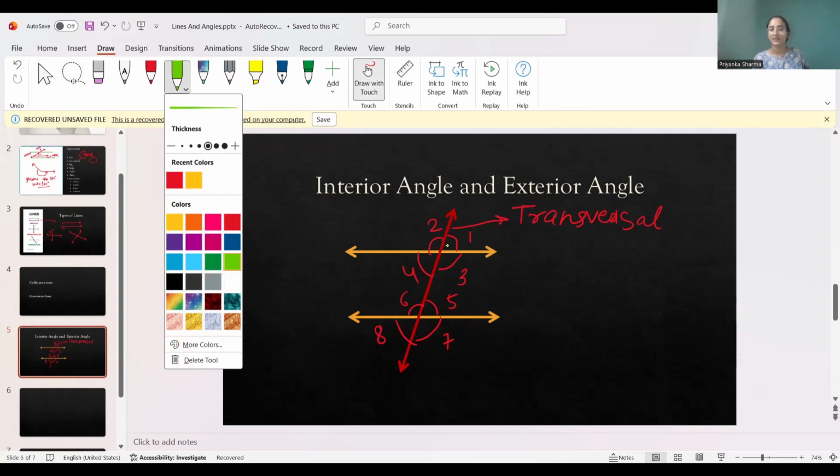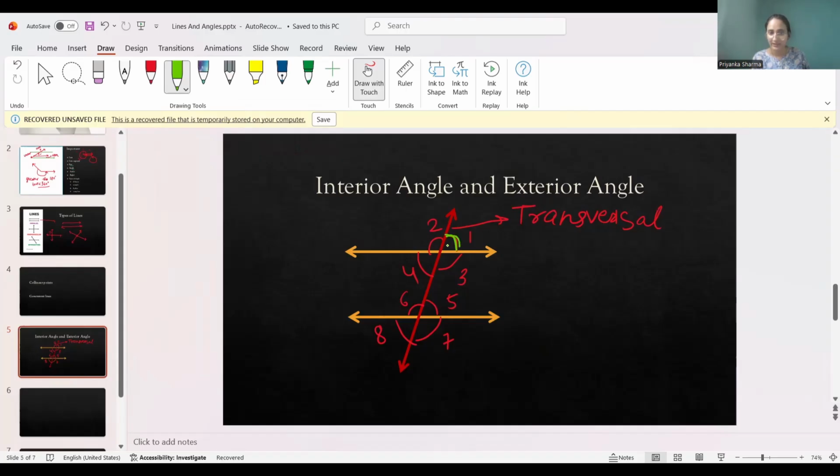Correct. These two angles are made on the upper side of the parallel lines, and both are in the right direction of the transversal.